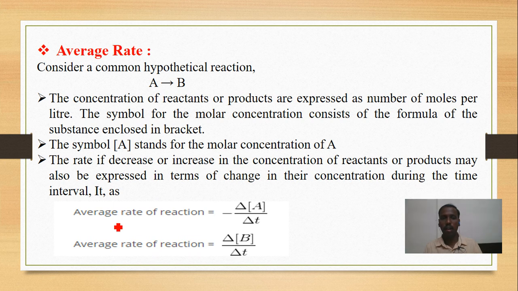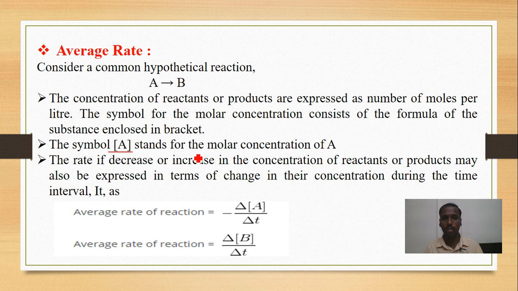Consider a common hypothetical reaction. The concentration of reactants or products is expressed as a number of moles per liter. Here, the symbol for the molar concentration consists of the formula of the substance enclosed within brackets. So, we are writing like this.